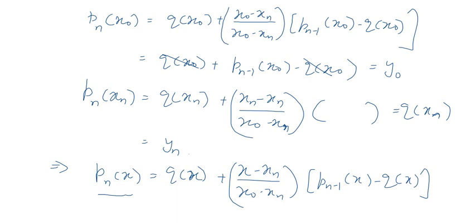On the right side, what will be the coefficient of x to the power n? q of x is an interpolating polynomial of degree at most n minus 1, so there is no contribution from this first term. The second term has the contribution. So the coefficients of x to the power n on both sides are identical.